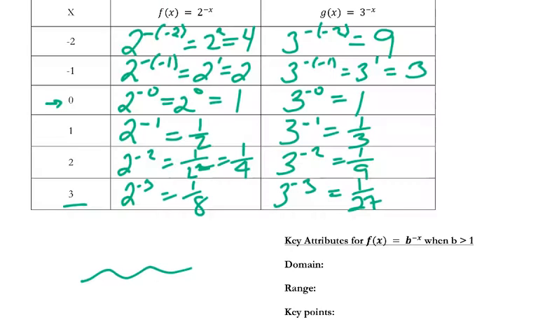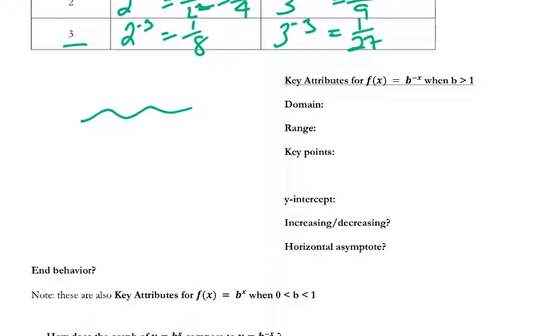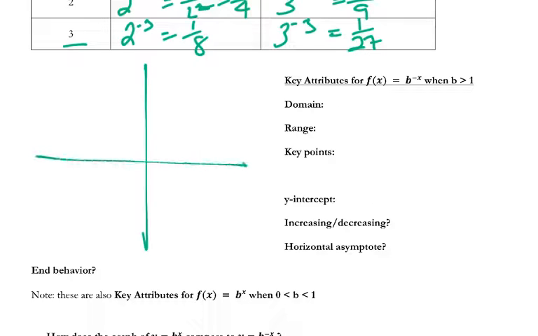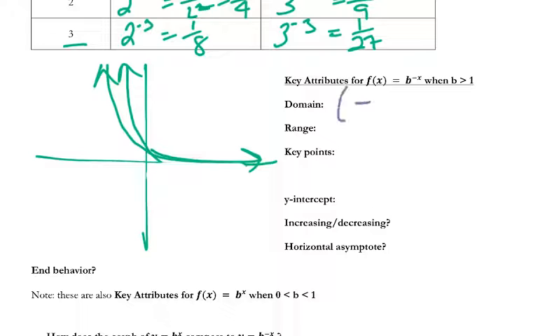Okay, let's go back and do some key features. So I'm just going to sketch a really rough graph here. Keep that above the x-axis. Those are our two graphs. Okay, so key features. Domain, it's still all real numbers.